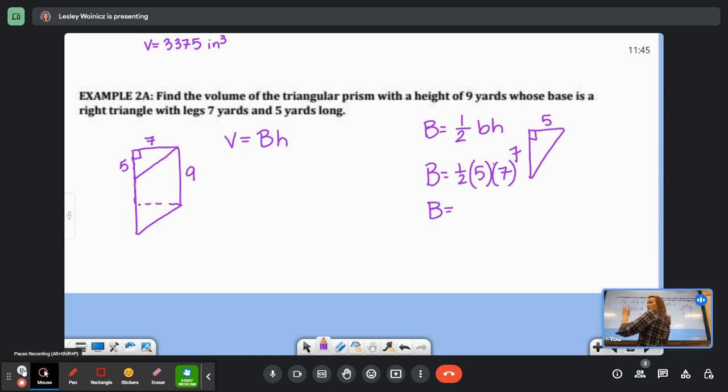Is it 17.5? Yeah. And then this height isn't the height of the triangle, it's the height of the prism. So our volume is going to be 17.5 times the height of the prism, which is 9.